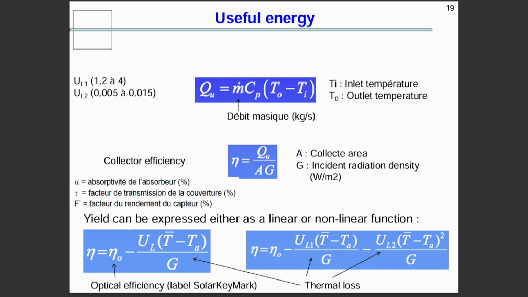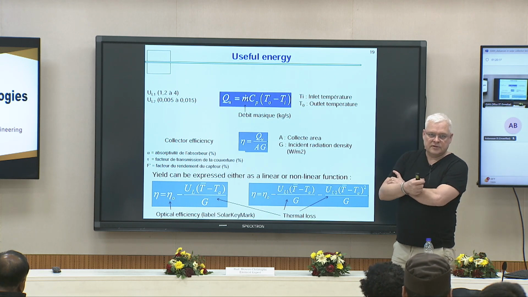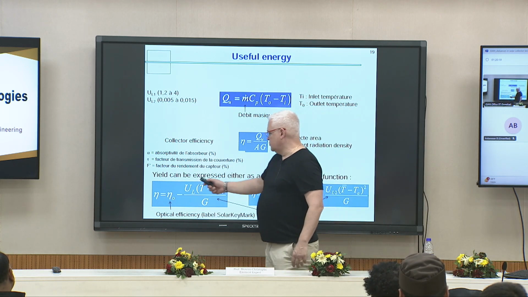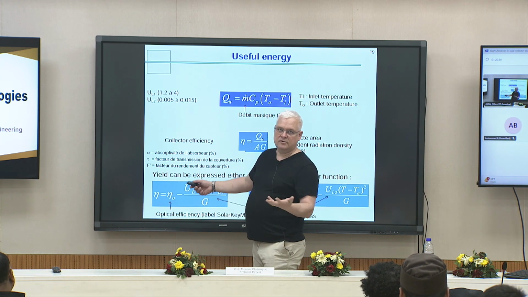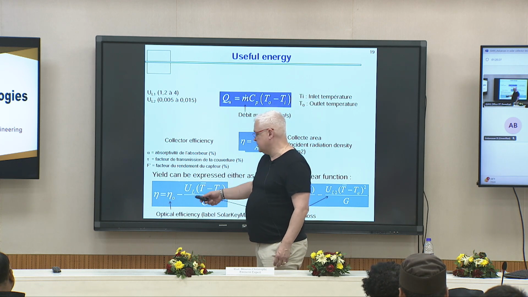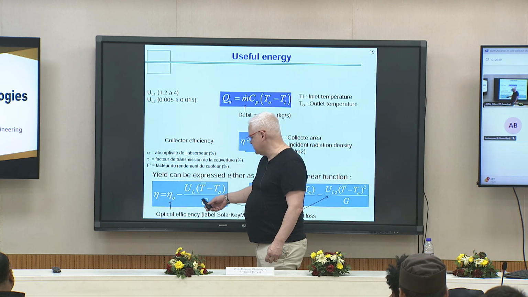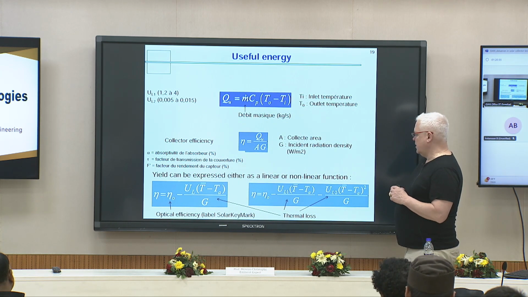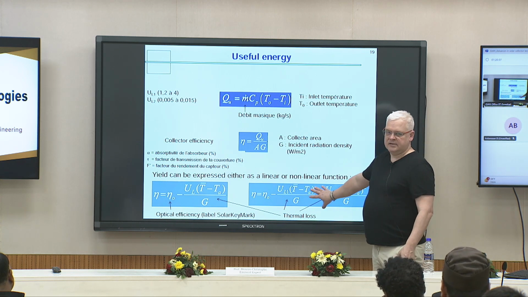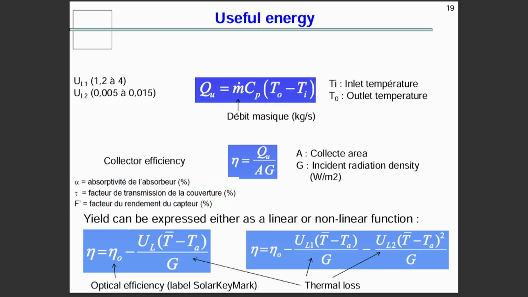The thermal loss is linked to the difference of temperature between inside and outside, multiplied by this equivalent conduction coefficient, sorry, and divided by the radiation. To be more accurate, the real one is not a line, but it could be a bit curved.